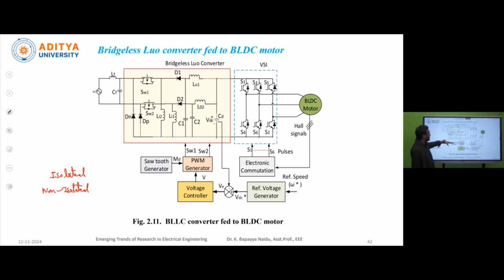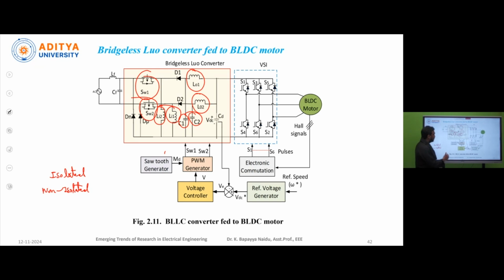Okay, here mainly we don't need to use any bridge. The main components of this bridgeless Luo converter are two switches SW1 and SW2, two input inductors Li1 and Li2, output inductors L01 and L02, and two capacitors C1 and C2.